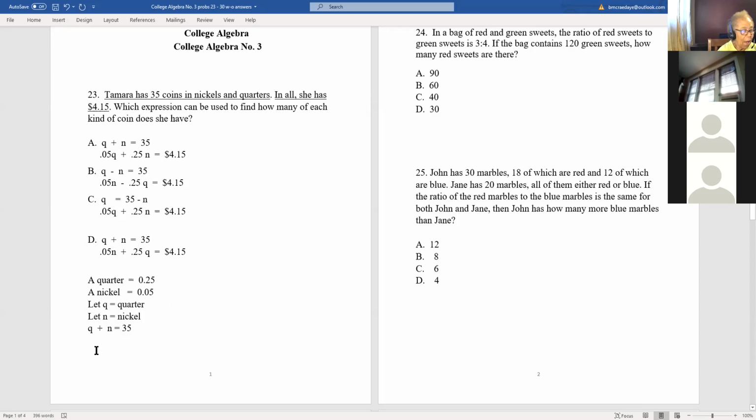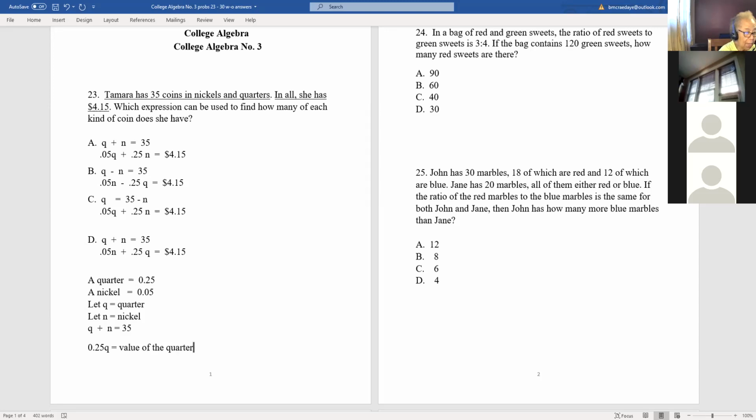0.25q, right. So how would we write the value of the quarters in money? 0.25q. And that's going to be the value of the quarters.